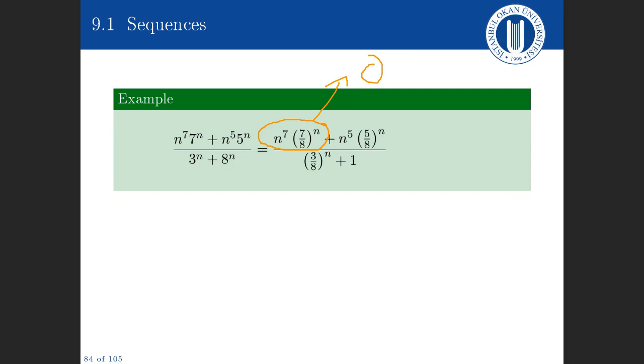And then again, n to the power 5 multiplied by a to the power n, but a is between -1 and 1, also tends to 0. 3/8 to the power n tends to 0. So we get 0 plus 0 divided by 0 plus 1, or 0.